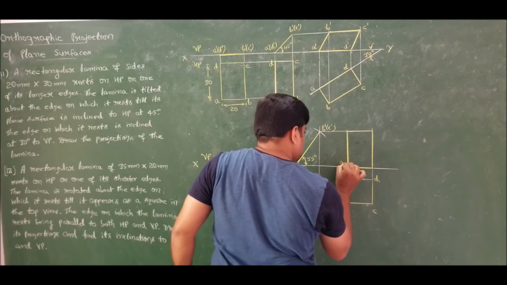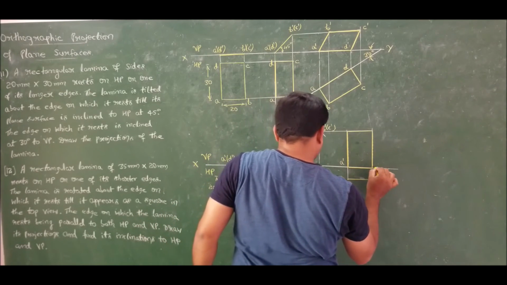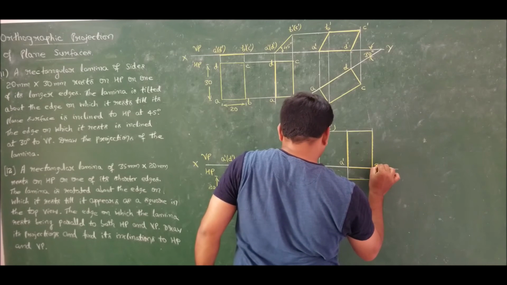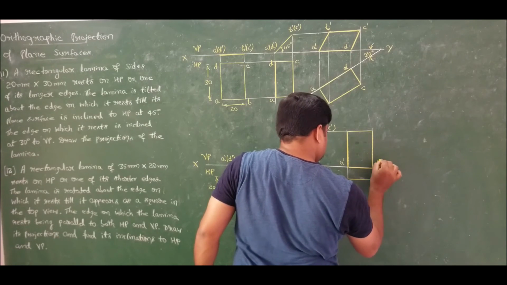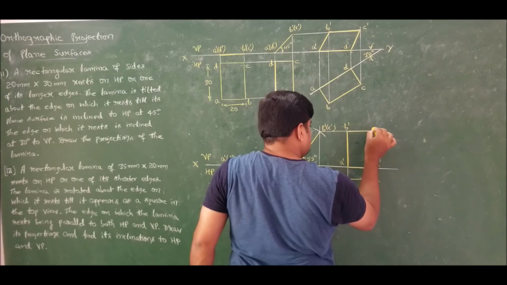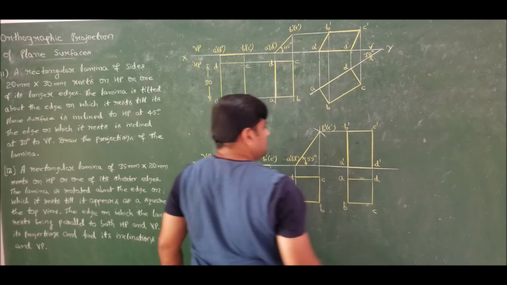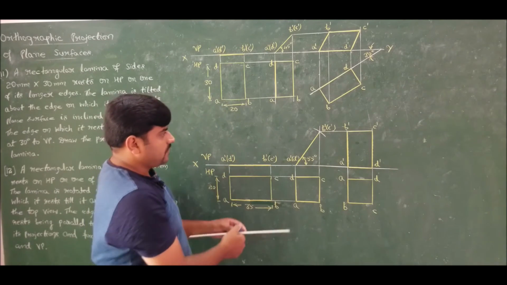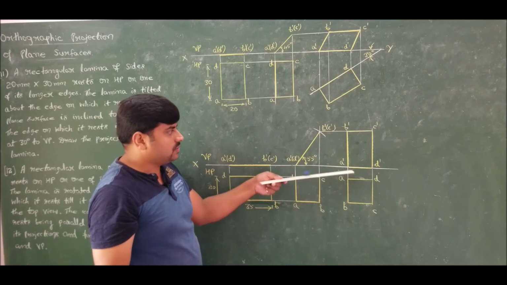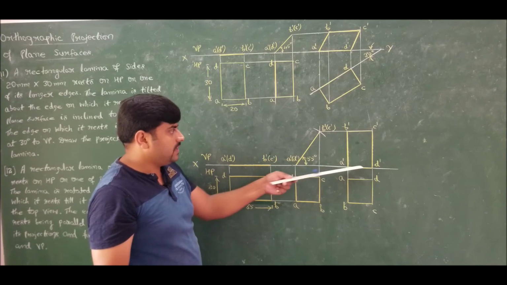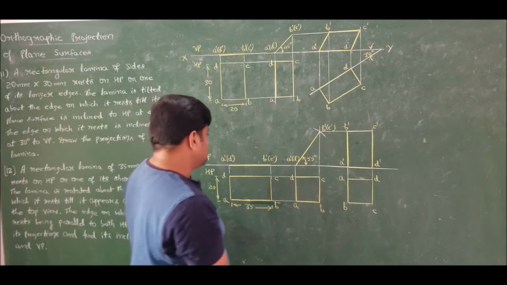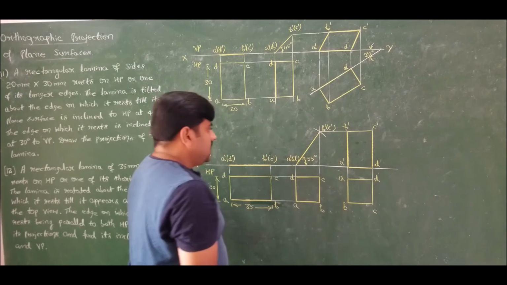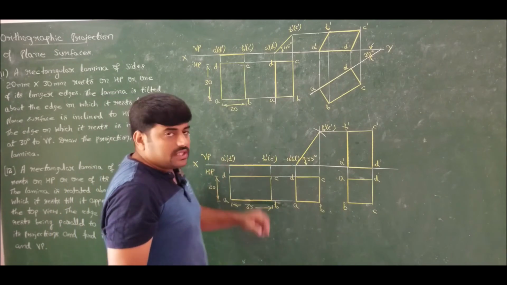So this is A dash, this is D dash, this is B dash and C dash. You can observe A dash D dash is parallel to both. Here it is parallel to VP, here it is parallel to HP.